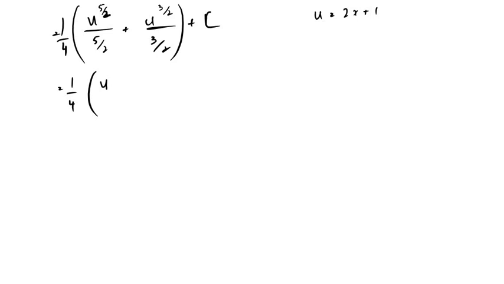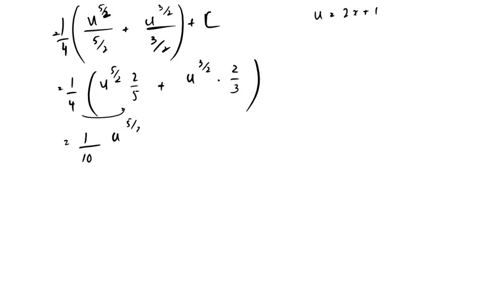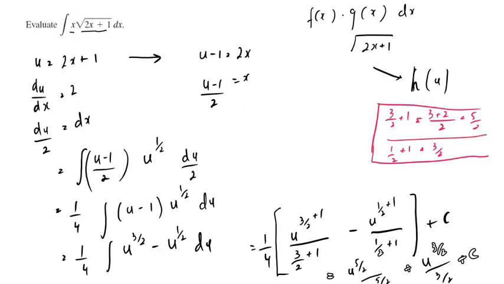So u to the power 5 over 2 times 2 over 5, plus u to the power 3 over 2 times 2 over 3. When you multiply that, 1 over 10 u to the power 5 over 2 plus, was it plus or minus?